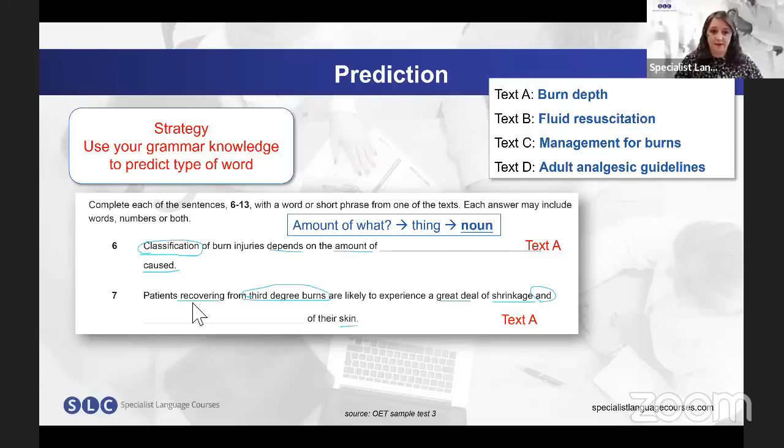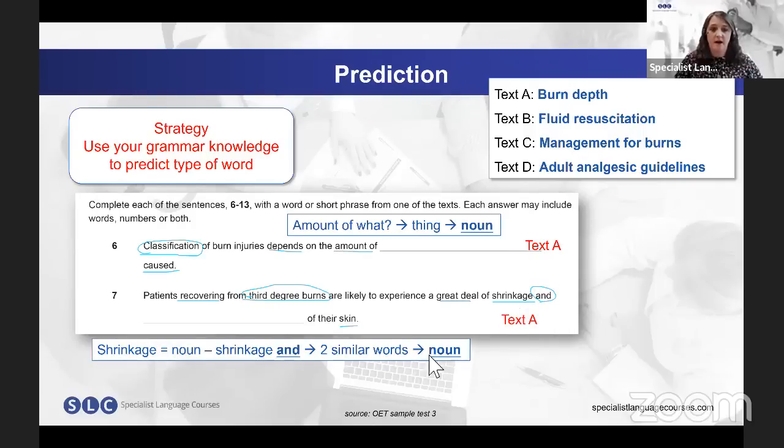In number 7, we have: patients recovering from 3rd-degree burns are likely to experience a great deal of shrinkage and of their skin. Now here we look at this pattern. We know that shrinkage is a noun, and we've got a linking word here, and. So we're looking for another noun. So we've got shrinkage as a noun, so we're looking for the second noun here.